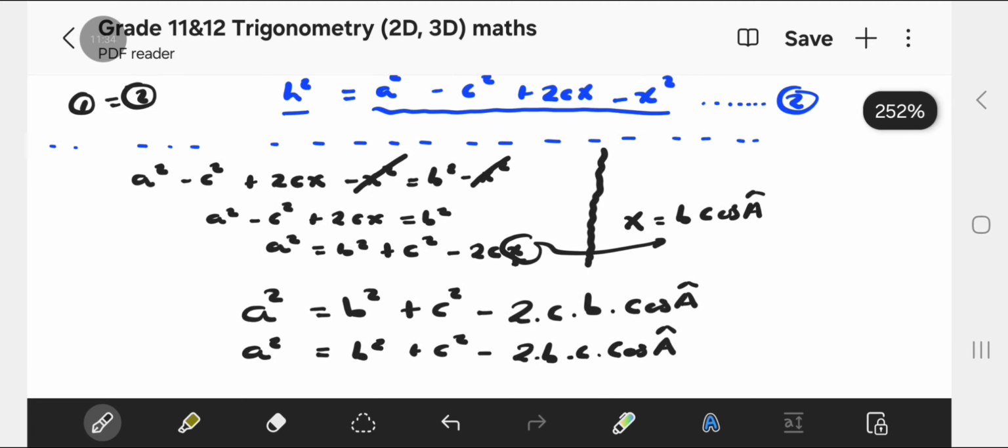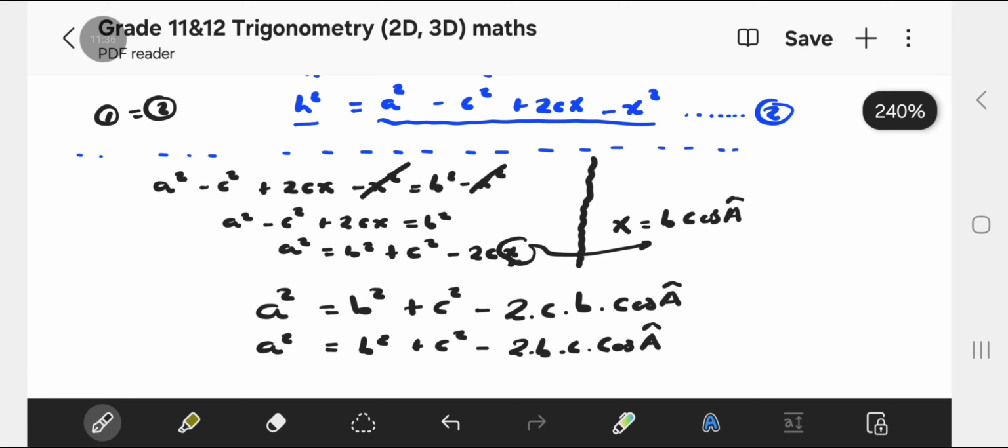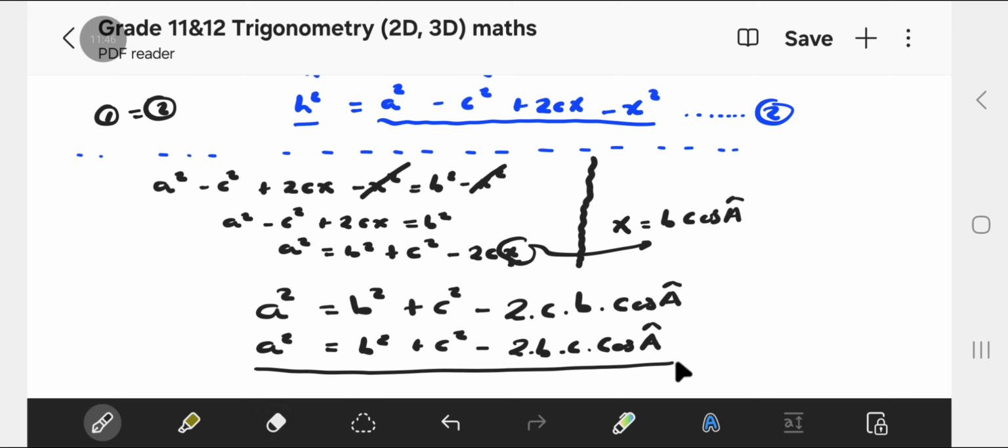So we have proven what we're trying to prove, that in any triangle a squared is equivalent to that.